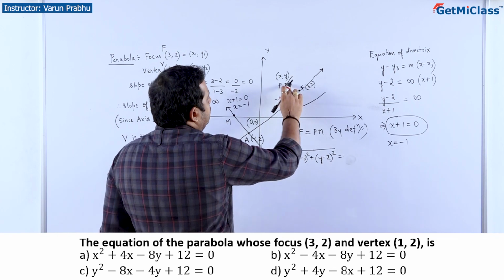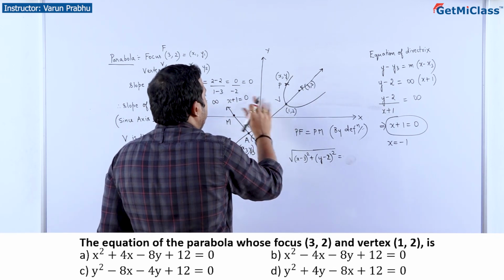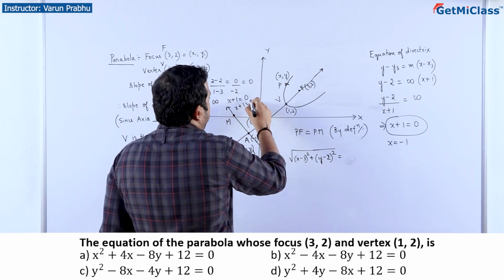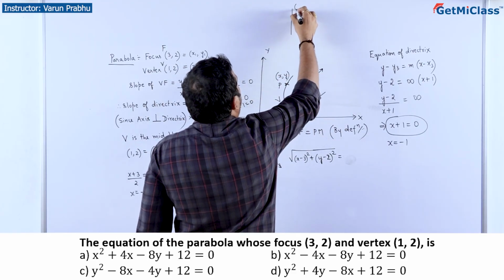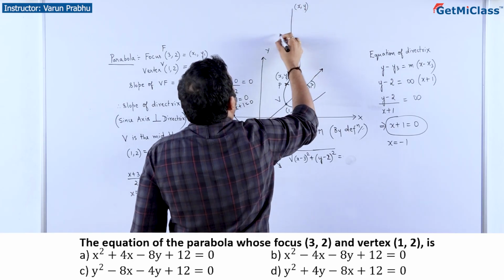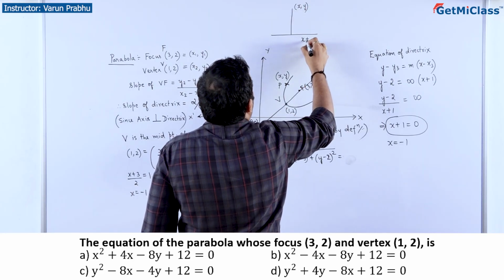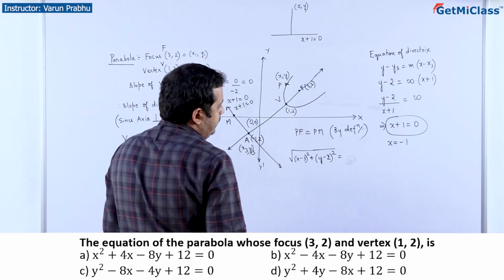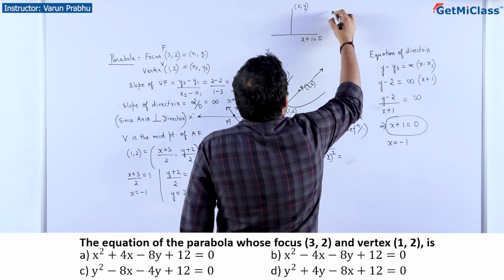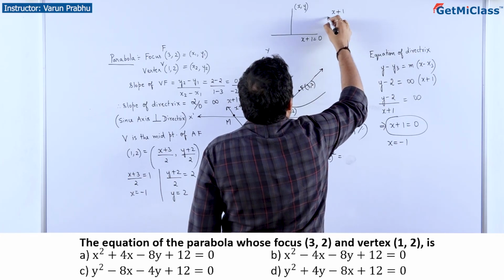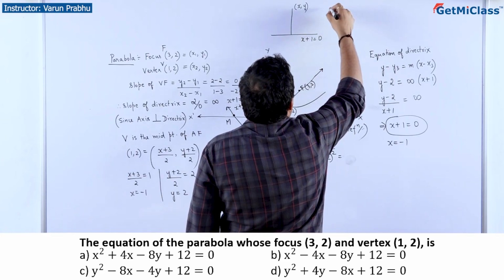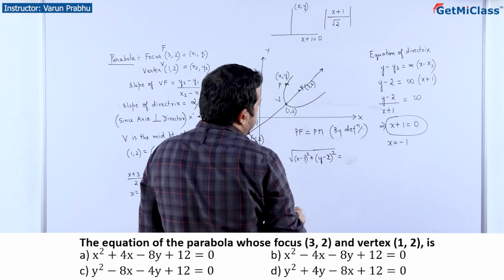How do you calculate the distance of the point? This is x plus 1 is equal to 0, right? So how do you calculate the distance of the point x, y to the line x plus 1 equal to 0? I can say x plus 1 divided by root 2, correct or not? What is the answer that we get now?